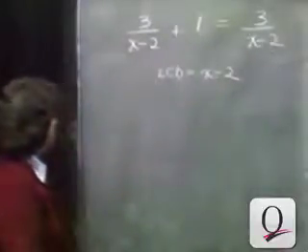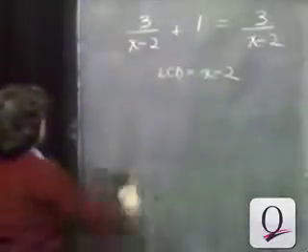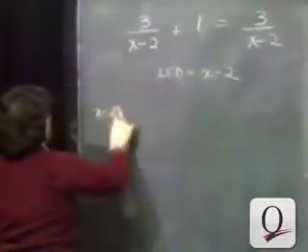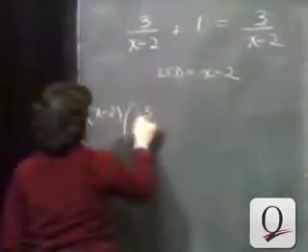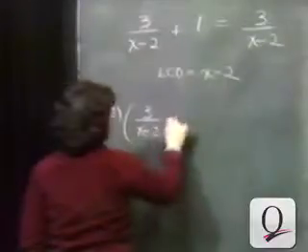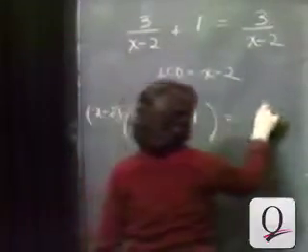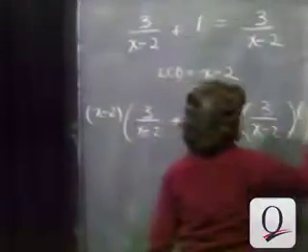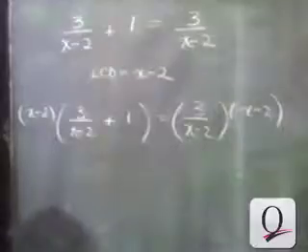The lowest common denominator is x minus 2. We will multiply both sides of this equation by x minus 2. Multiply both sides of the equation by x minus 2.